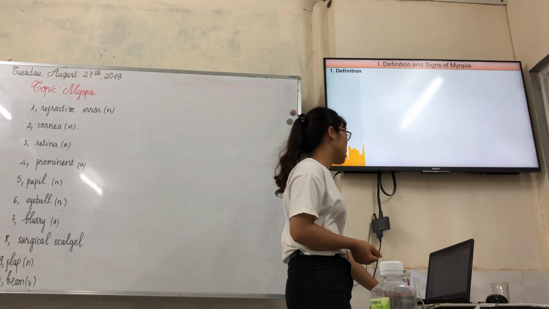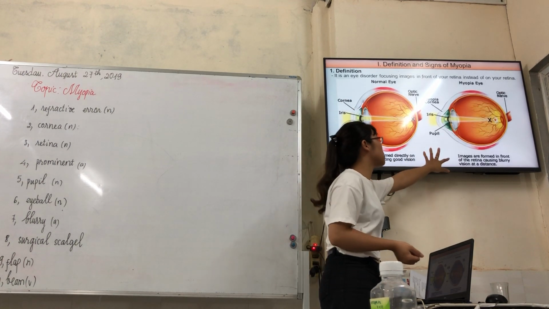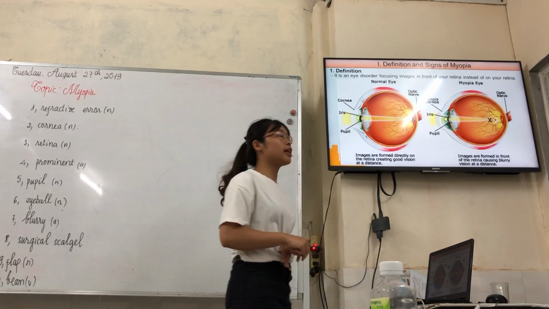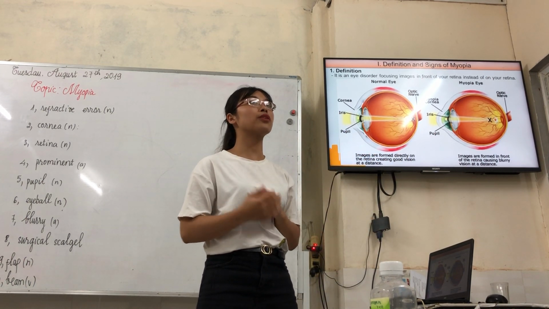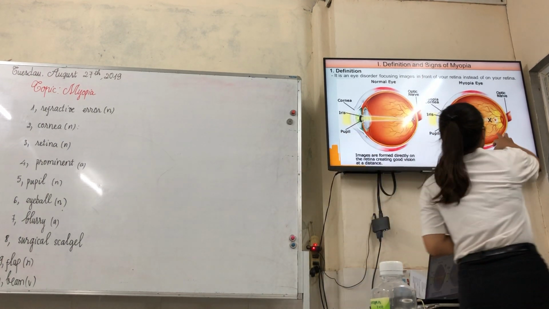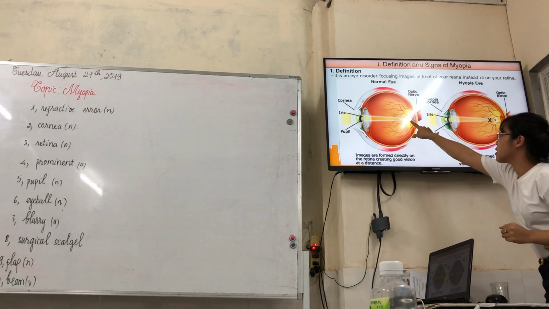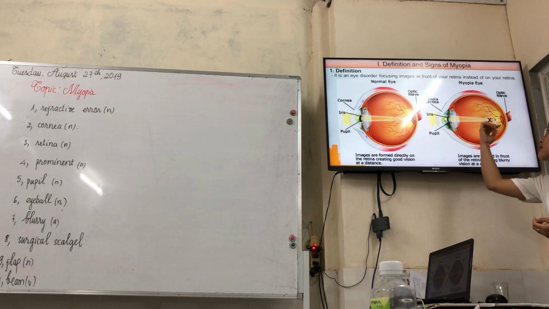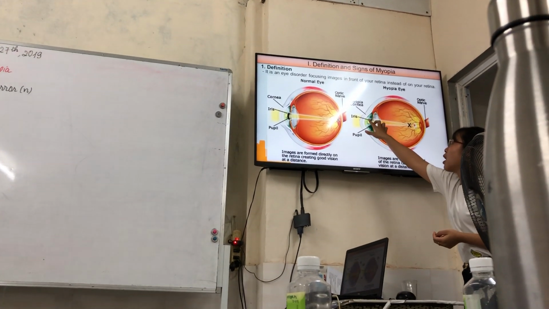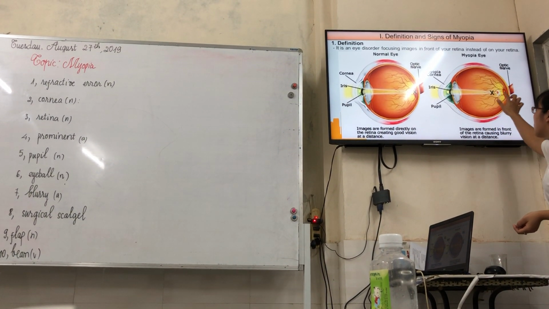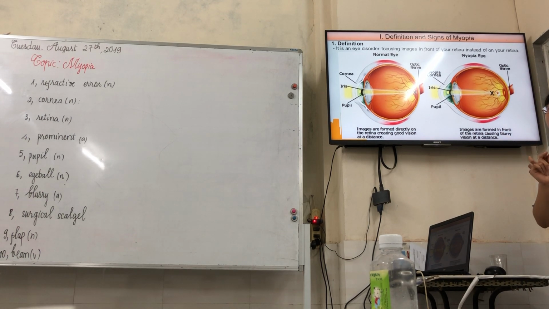In particular, you can see that there are 2 pictures showing the difference between the normal eye and the myopic eye. It is an eye disorder focusing the image in front of the retina instead of on your retina. The retina is the place where the parallel light, entering through the cornea, should hit, and it helps you see objects clearly.